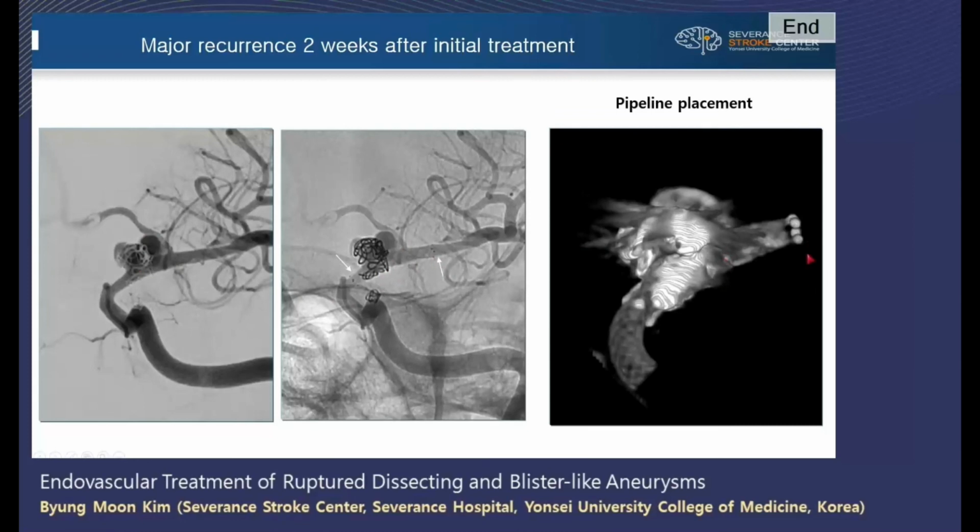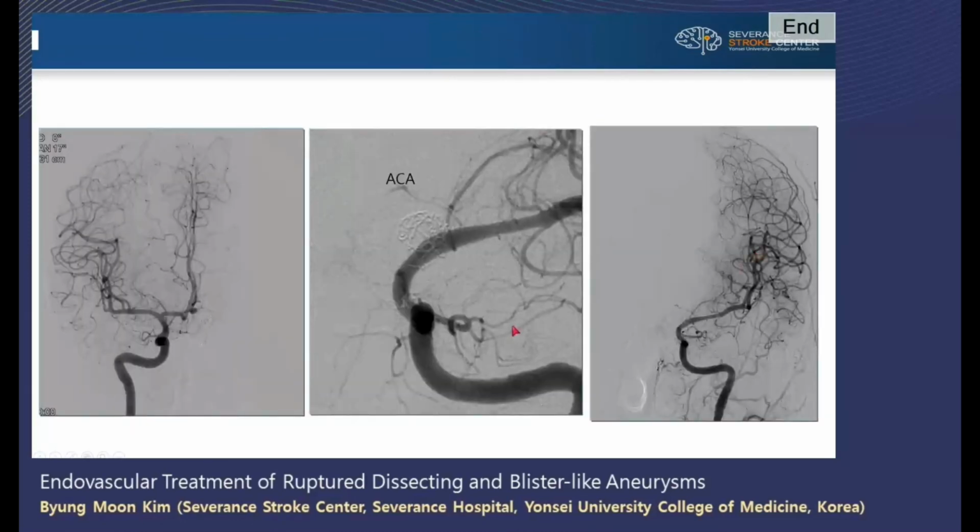So I put the pipeline. This is a follow-up control angiogram. You can see complete occlusion of the ruptured traumatic dissecting aneurysm and decreased size of the ACA. Left ACA is supplied from the contralateral artery.